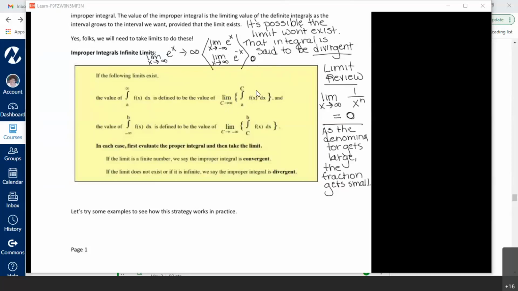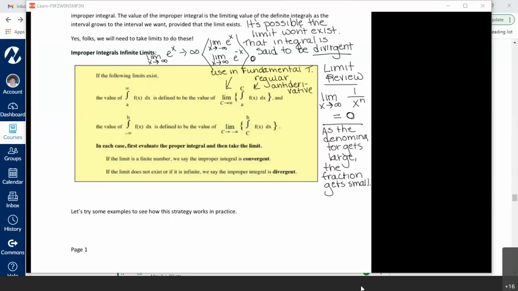You do your antiderivative the way you normally do it. Then the limit kicks in when you try to use the fundamental theorem, where you subtract the upper bound minus the lower bound.